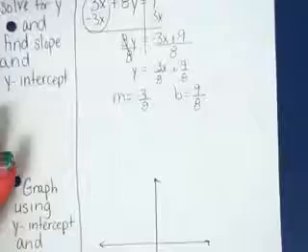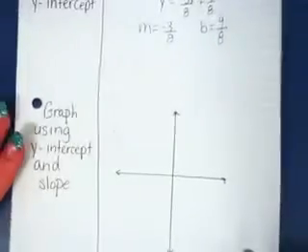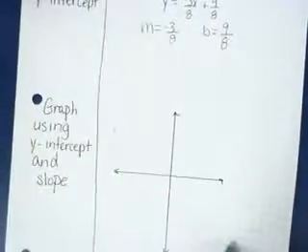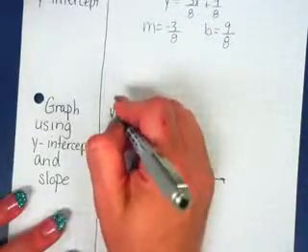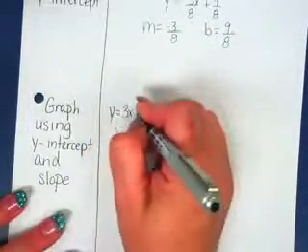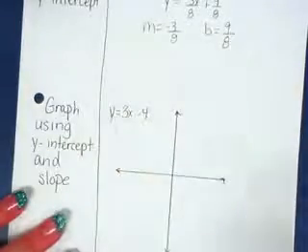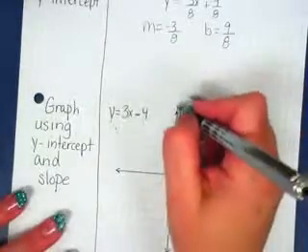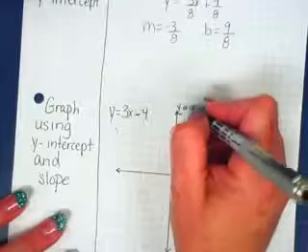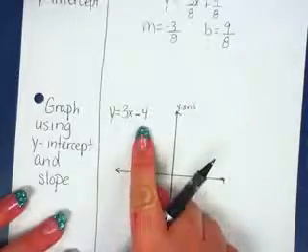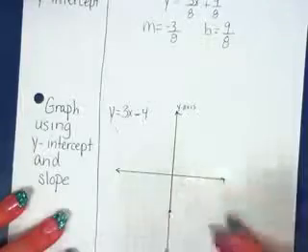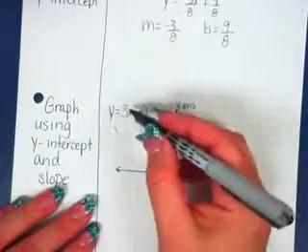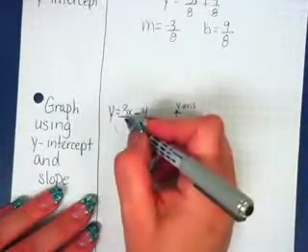So now let's graph using the y-intercept and the slope. So our equation is y equals 3x minus 4. So we know it's going to cross the y. Remember, this is our y-axis. We know it's going to cross the y at negative 4. 1, 2, 3, 4. We know our slope is a positive 3.